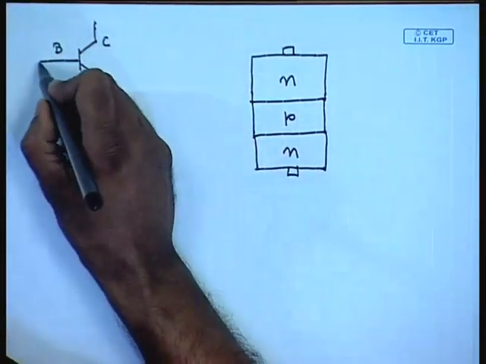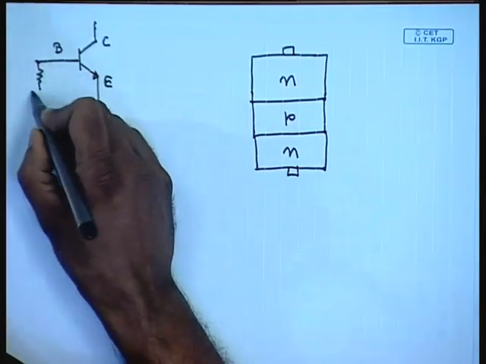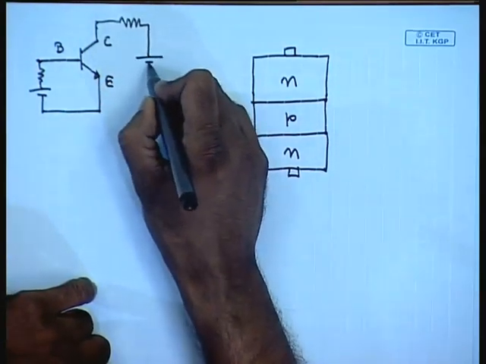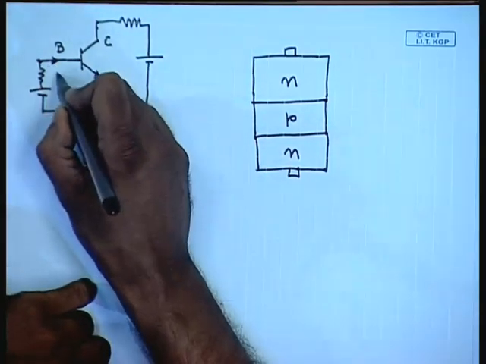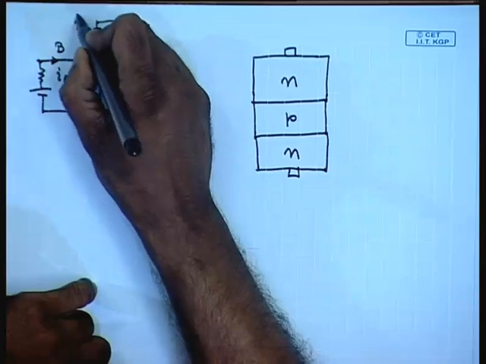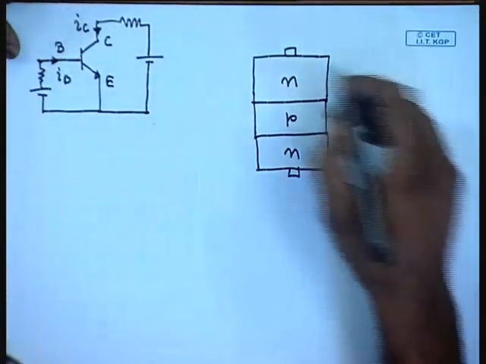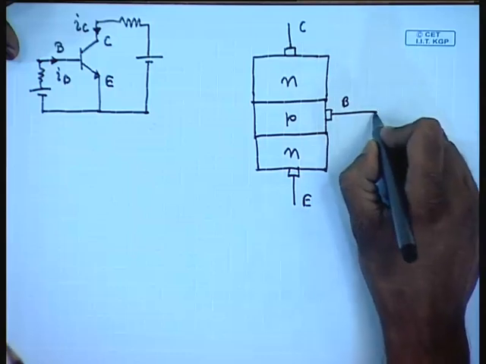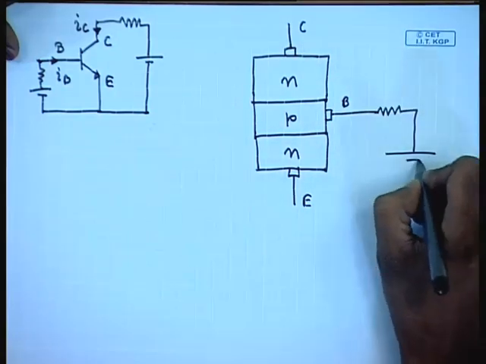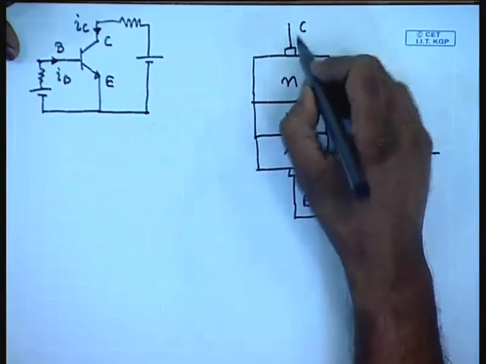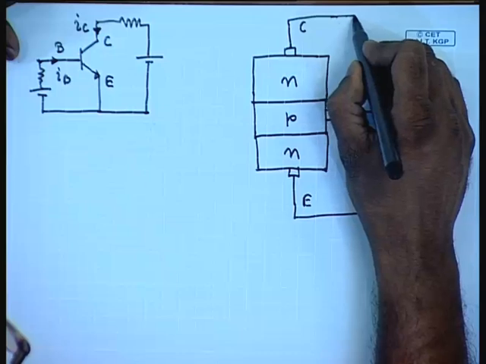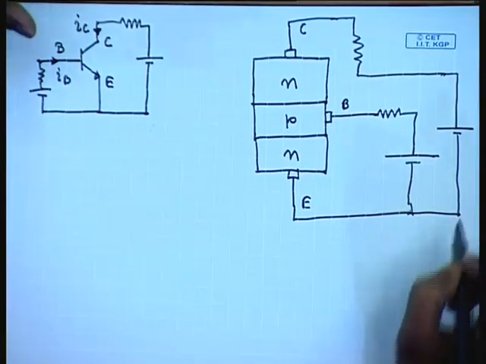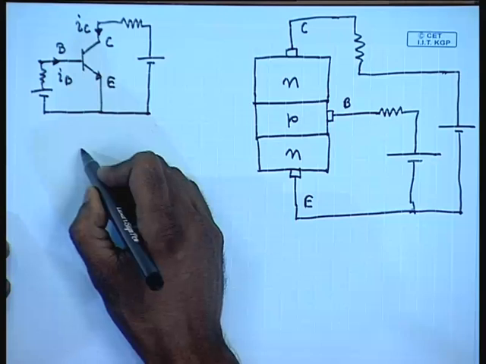You all know that if a certain current is injected into the base, then a proportional current flows through the collector terminal. The characteristics of this are also known.